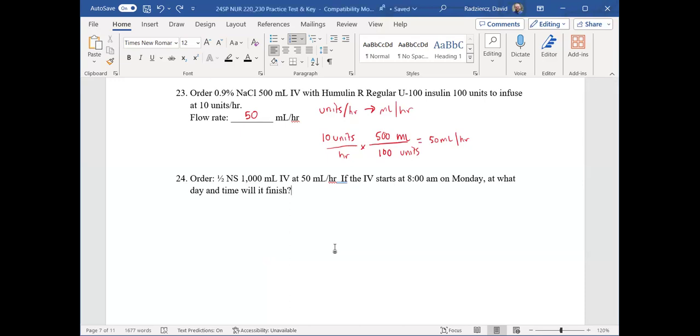Because it tells you when it starts, Monday at 8 a.m., and then they're asking you when does it finish. It doesn't say military or non-military time, but because it's written in regular time, you can answer in regular time. So we look at, what do we have? We have half normal saline, 1,000 milliliters, and it's infusing at 50 milliliters per hour. So how long will that take to finish?